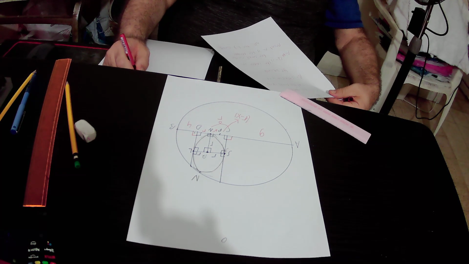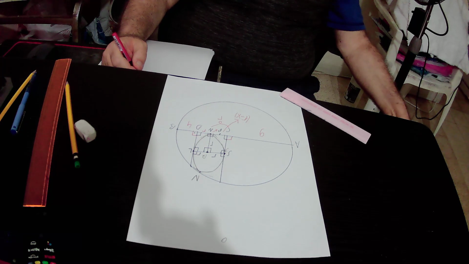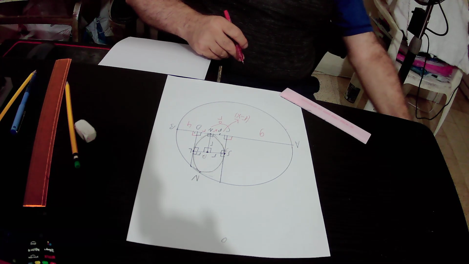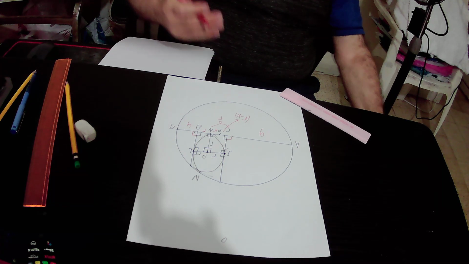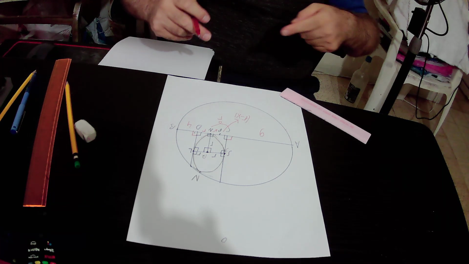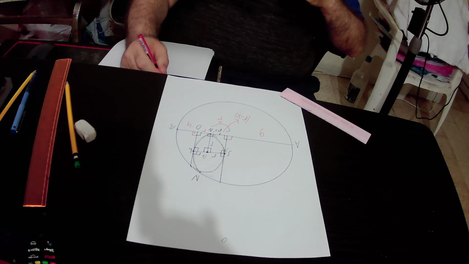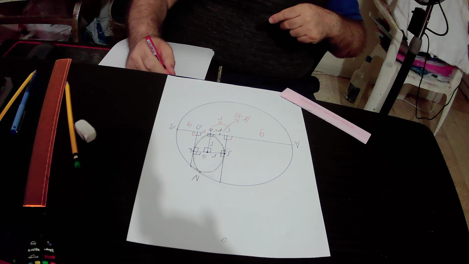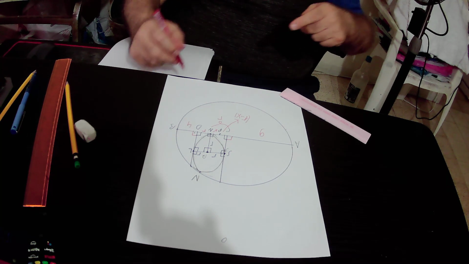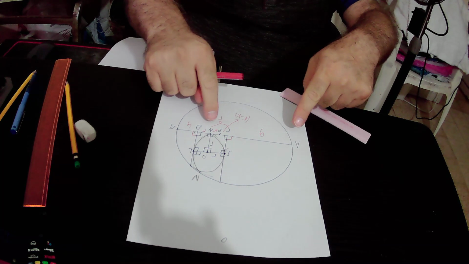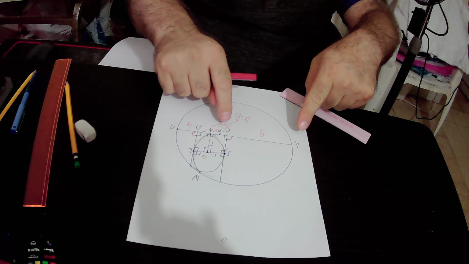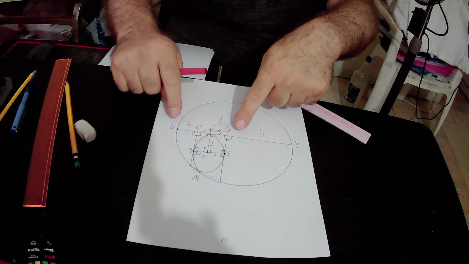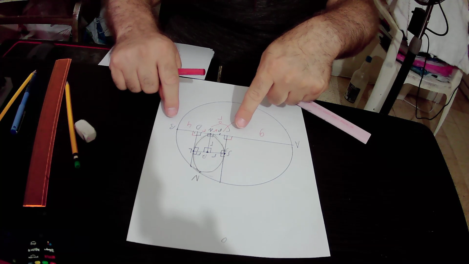In the next step, we will calculate the radius of the big circle, capital R, in two ways. We will calculate the radius of the big circle from the right side, and we will also calculate the radius of the big circle from the left side of the circle.